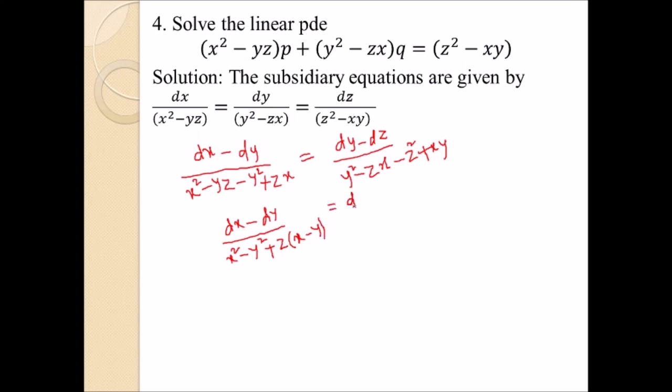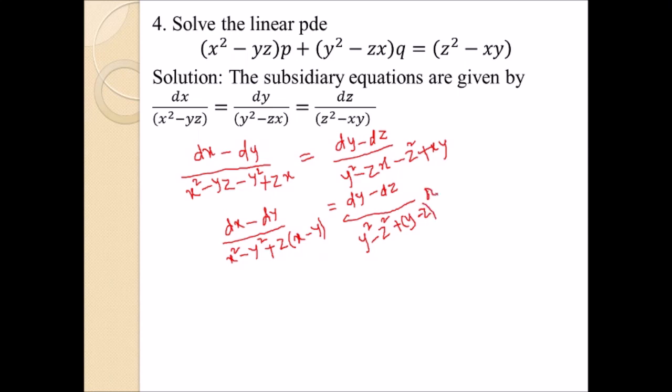Similarly here dy minus dz by y square minus z square, here we take x common, we get y minus z.